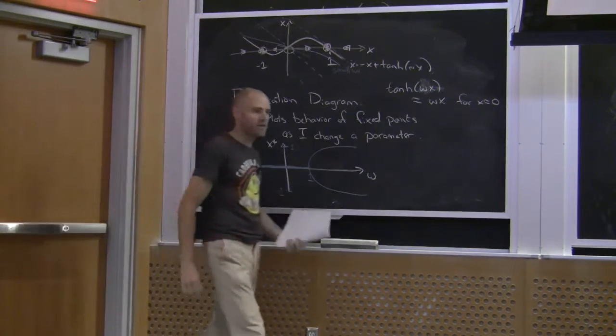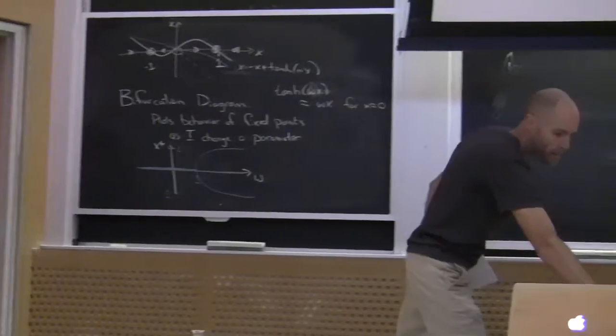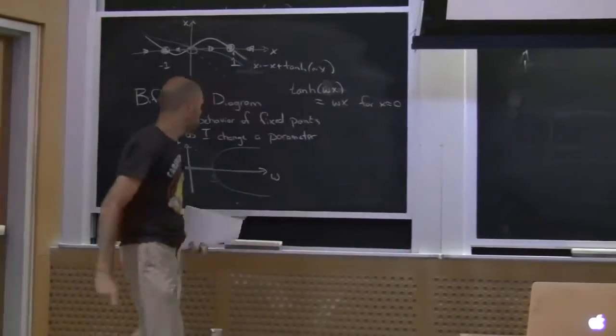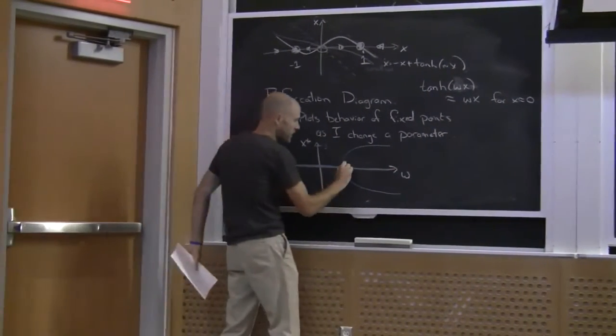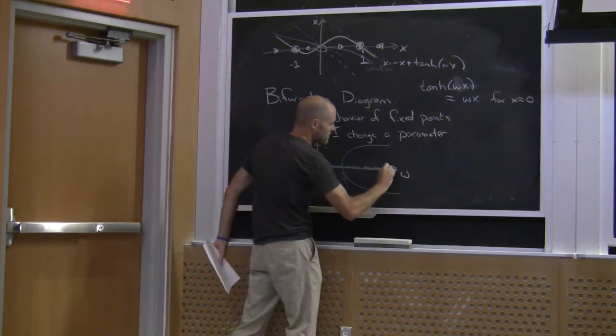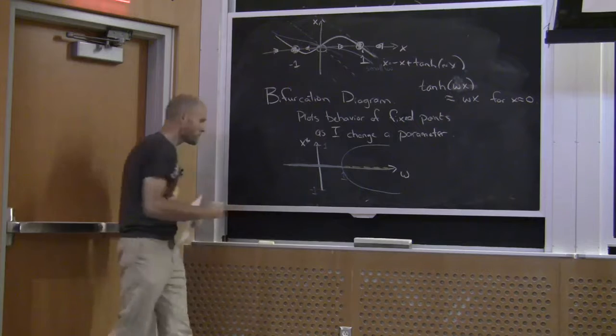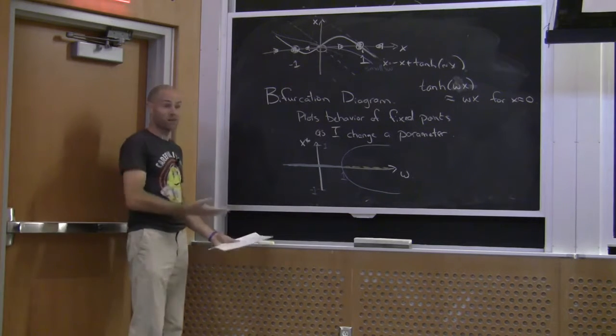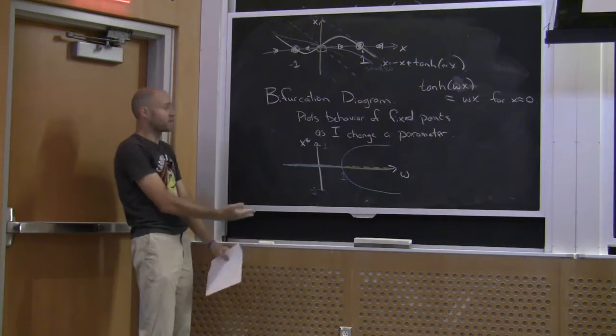And a new fixed point is born, or there's still a fixed point at the origin, but that's an unstable fixed point, so I'll draw it with a dashed line here, okay? So again, the point is just that these cool things can happen in nonlinear systems.